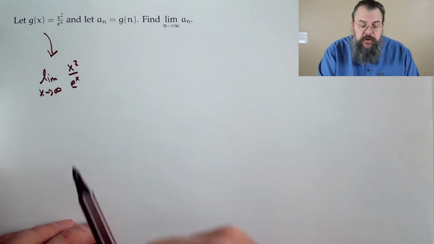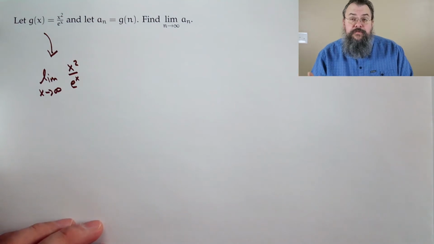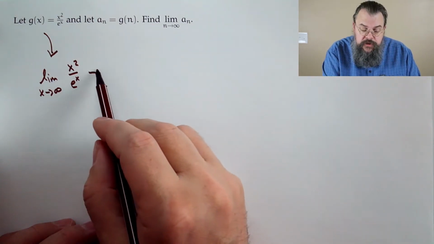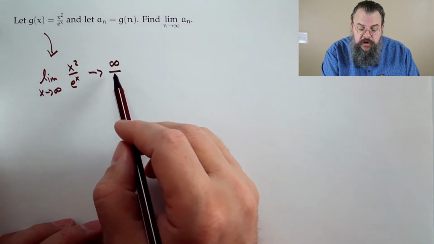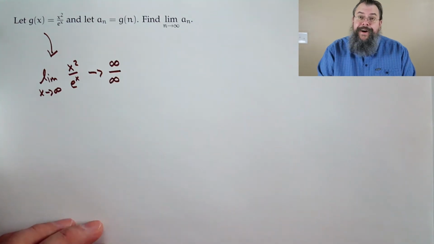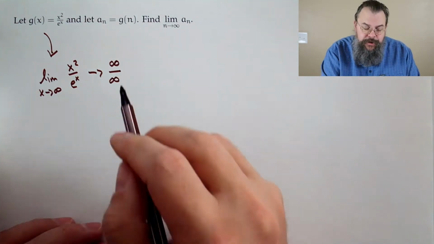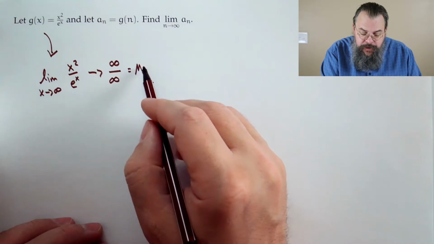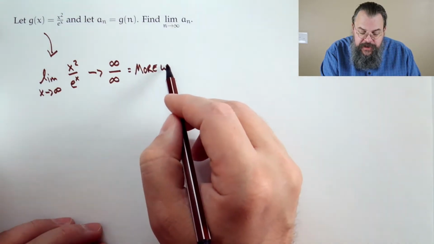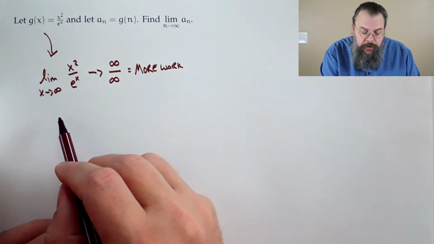Here I'm thinking of it as a continuous function. Well, it's currently going to a large number over a large number. Aha! Which means more work. Good, so we do more work.